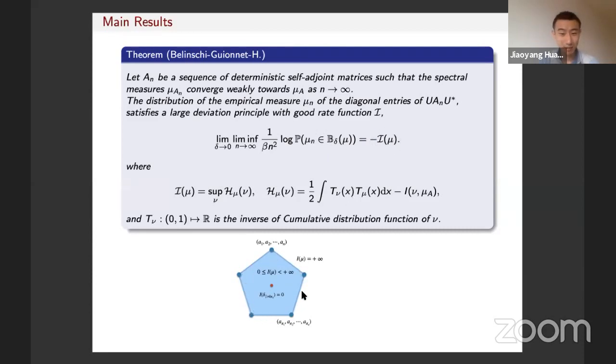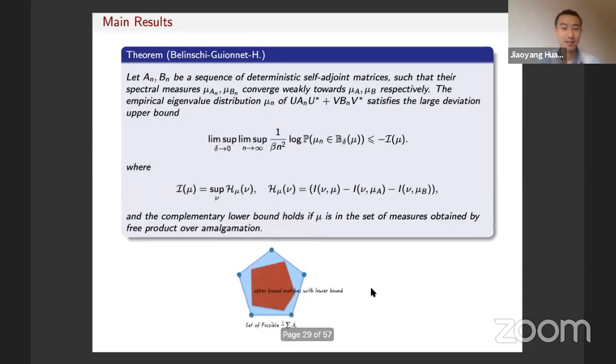Inside this polytope, the rate function is always between 0 and infinity. And it takes the value 0 only at one point, which is a delta mass, which is also the limit of mu_N. So this is the result for the diagonal entries of U A U star.